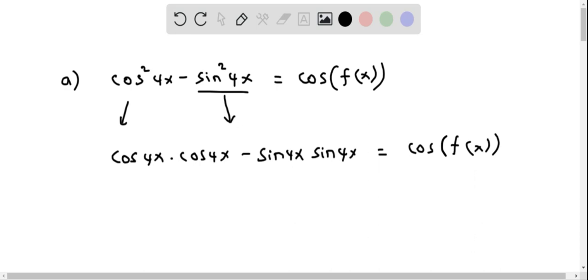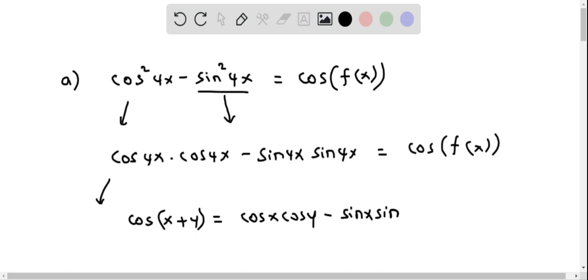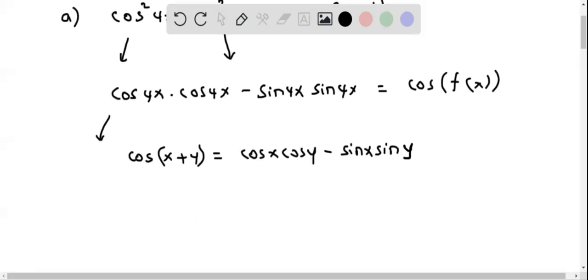Now I'm going to use the trigonometric identity. That is, we know that cosine of x plus y equals cosine x cosine y minus sine x sine y. And in this identity, I'm going to replace x and y by 4x.